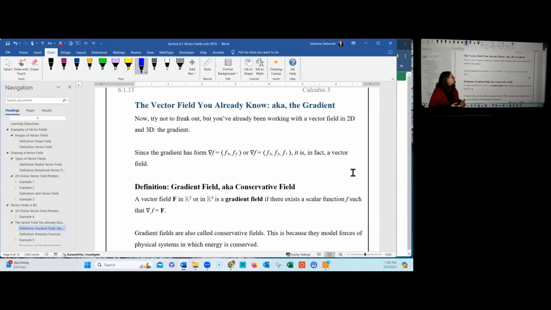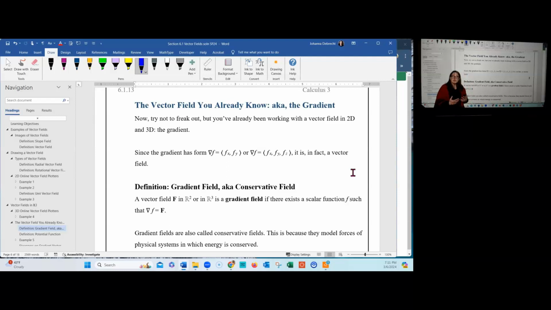When you're thinking of it, the vector is generally given in terms of del of f, where f represents some function. And to find del of f, you take the partial derivatives of that function. That function is called a potential function, and the gradient is called a vector field, the gradient vector field.